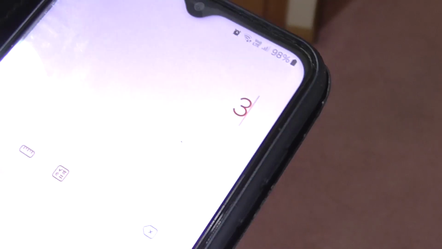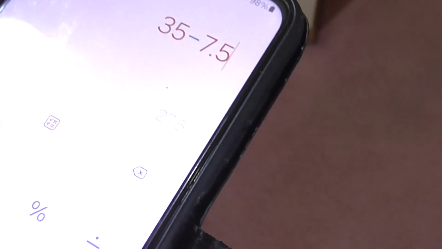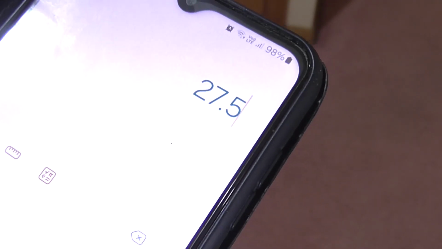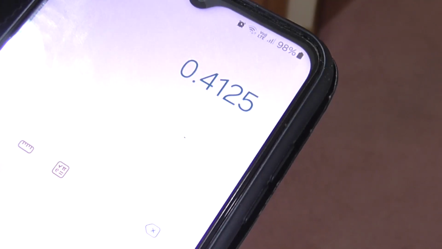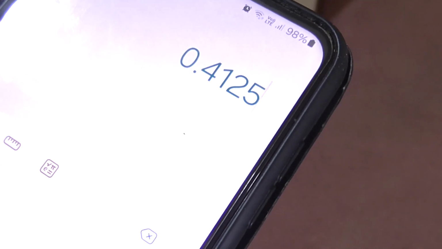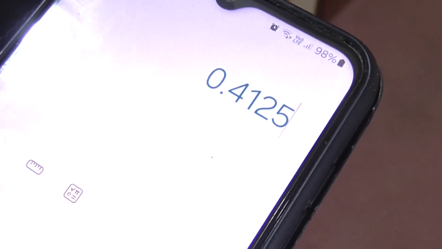So in this case we've got 35 volts minus our Zener voltage, which is 7.5 in this case, gives us a voltage drop across that resistor of 27.5. We now multiply that by the estimated current. That's nearly half a watt. So you'd really want to put a 1 watt resistor there for the resistor value, not a half watt. Just keep that in mind.